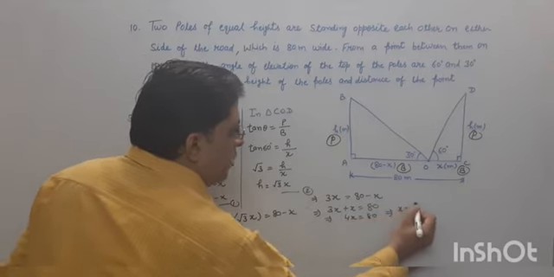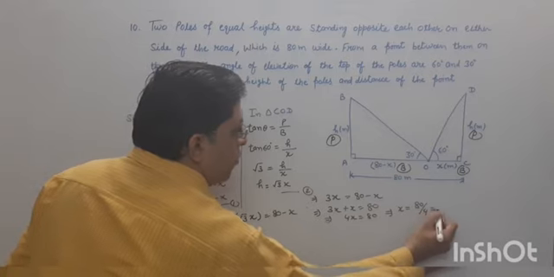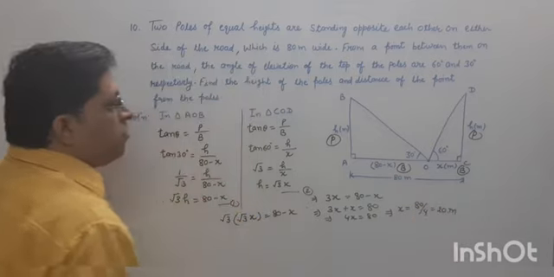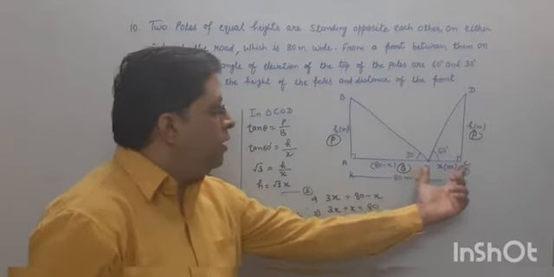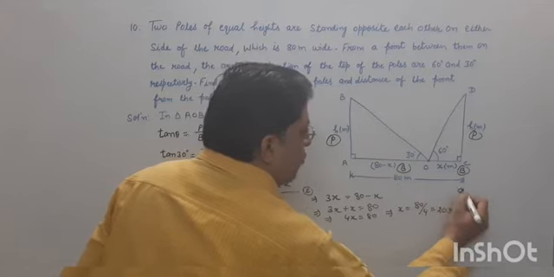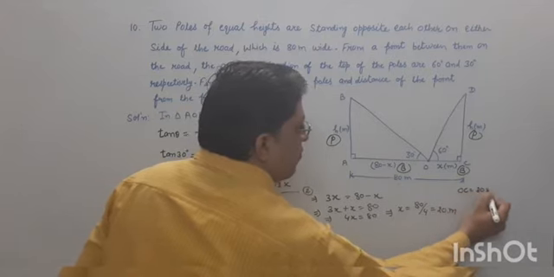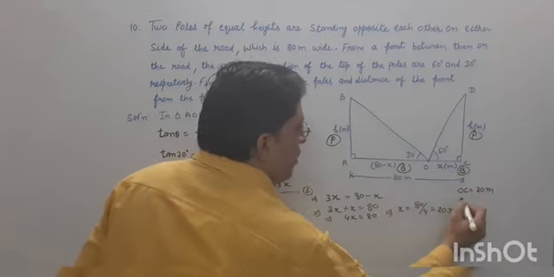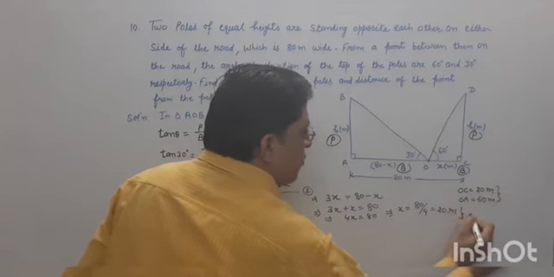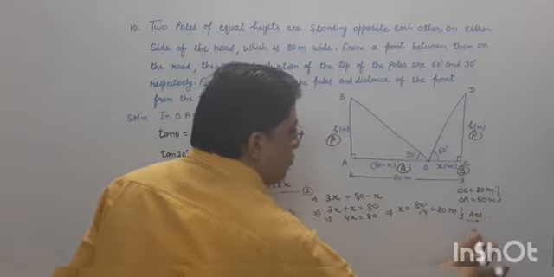Then X will be 80 upon 4. This is 20 meter. So it means OC is 20 meter and OA will be 60 meter. One answer is this: OC is 20 meter and OA will be 60 meter. Two answers are there. These are the answers.